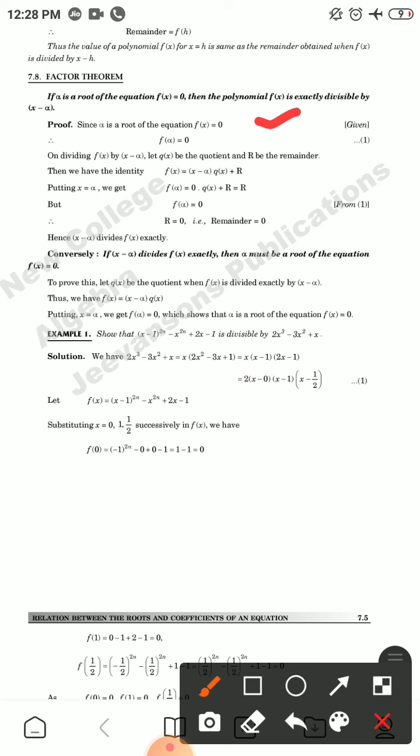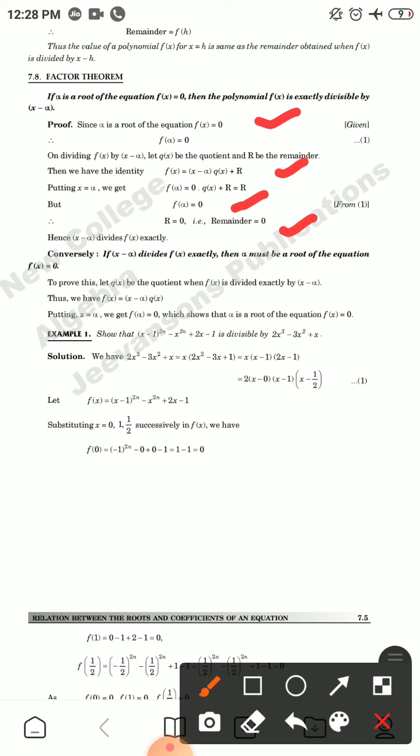On dividing f(x) by x - alpha, let q(x) be the quotient and r be the remainder. Then we have the identity f(x) = (x - alpha) q(x) + r. Putting x = alpha, we get f(alpha) = 0 into q(x) + r, that is r = f(alpha). But f(alpha) is given to be 0, therefore r = 0, the remainder is 0. Hence x - alpha divides f(x) exactly.